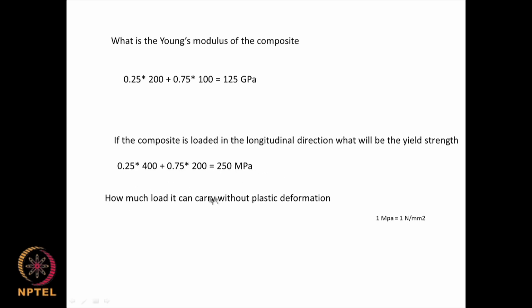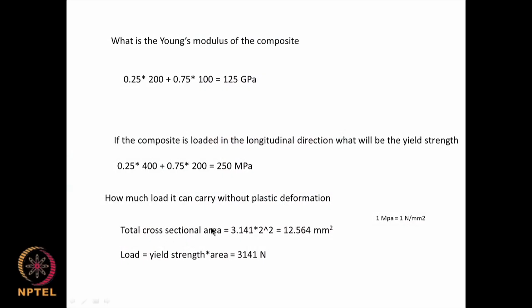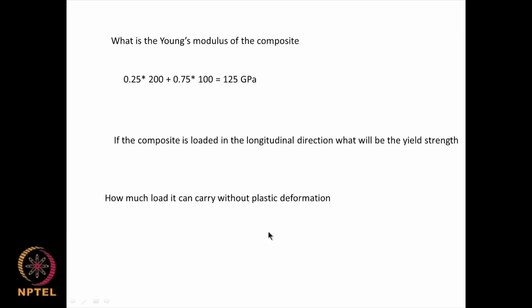Now, how much load can it carry without plastic deformation? We have to be careful because load is applied. We have the titanium, we have the stainless steel. So the total cross sectional area is 3.14 multiplied by 2 raised to the power 2. How did you get this?